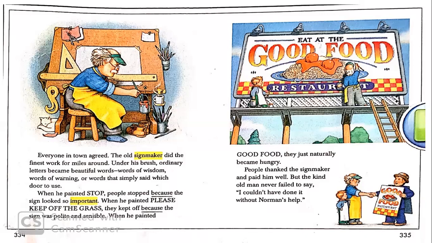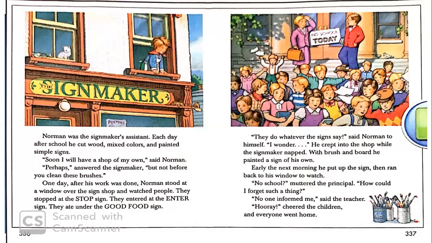The second page shows the people thanked and paid the sign maker well, and shows that he has an assistant who helps him called Norman. The third page and the fourth one illustrate that Norman, the assistant, helps the sign maker after school.